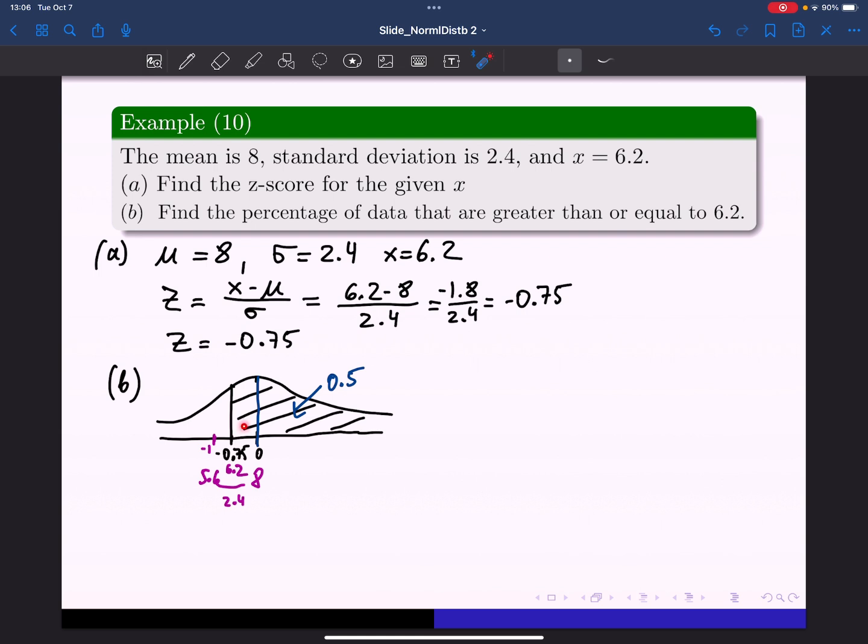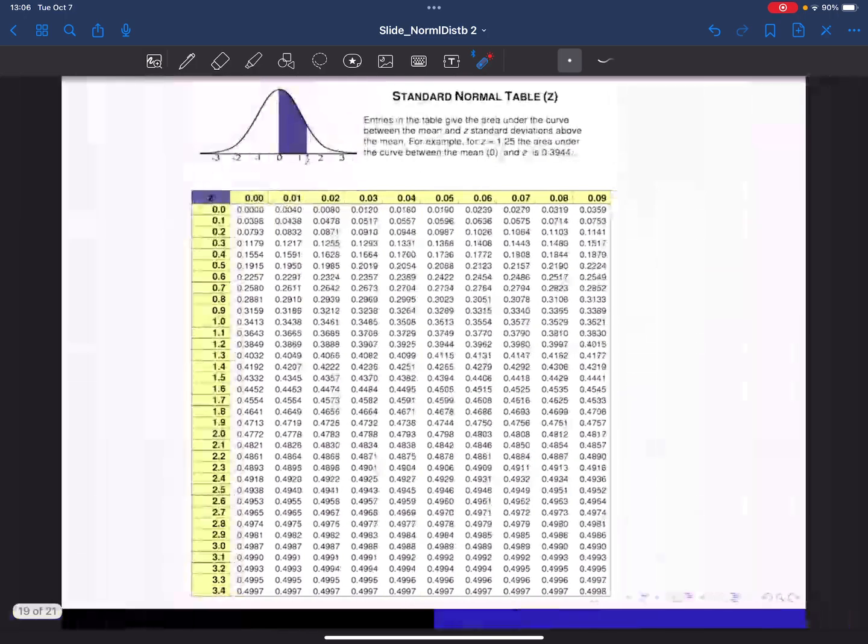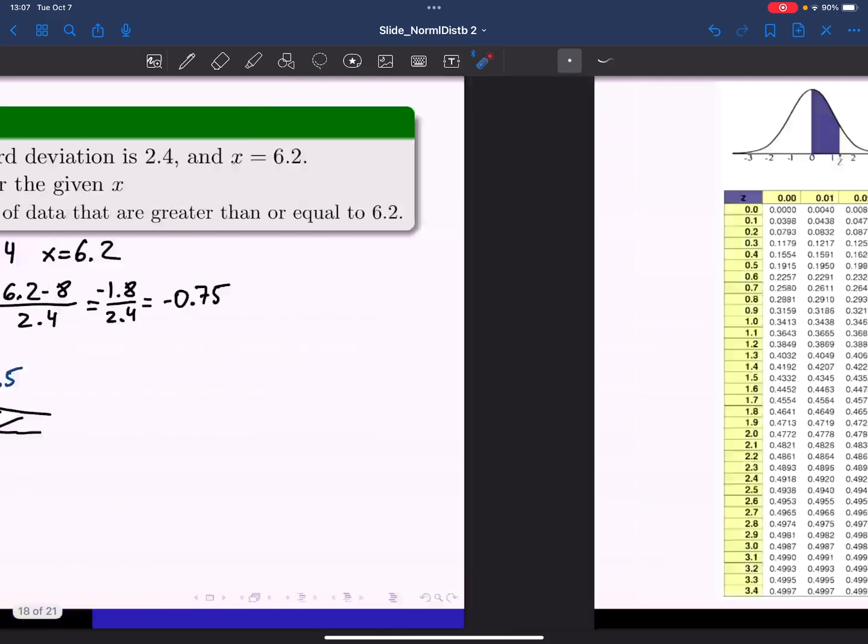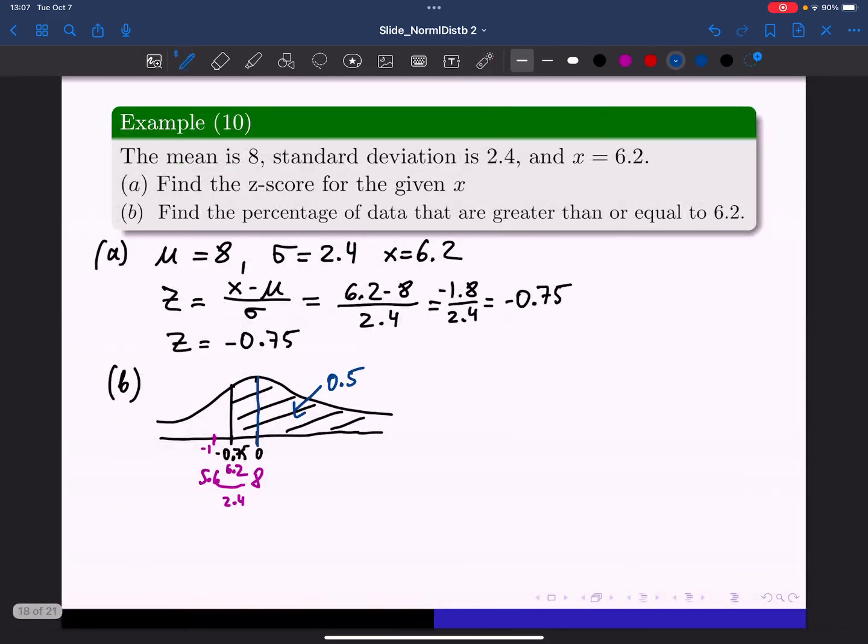So we look at the table at 0.75. So 0.70, and we're going up to 5, 0.75. The value is 0.2734. So this area, what we just found, is 0.2734.